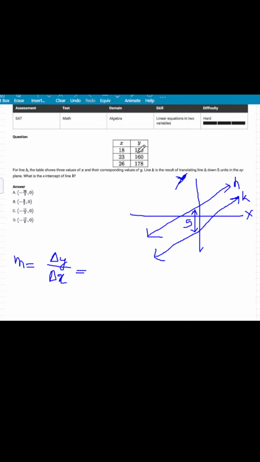Let us take the first two, 18, 130 and 23, 160. So y2 minus y1, which is 160 minus 130, divided by x2 minus x1, which will be 23 minus 18. Now that will become 30 divided by 5, which will be 6. Okay. So 6 is the slope of the line.